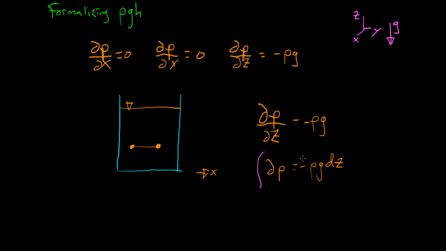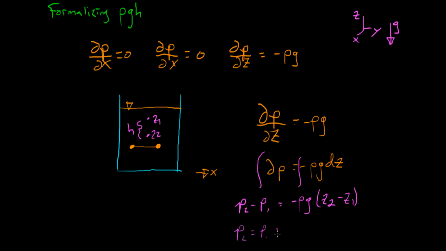And if we integrate both sides, we could write something like P2 minus P1 for the integration constants there is equal to minus rho g times Z2 minus Z1, which, you know, in the past, if we call this Z1 and this Z2, the delta between them we've been calling H. In other words, P2 is equal to P1 plus rho g h.